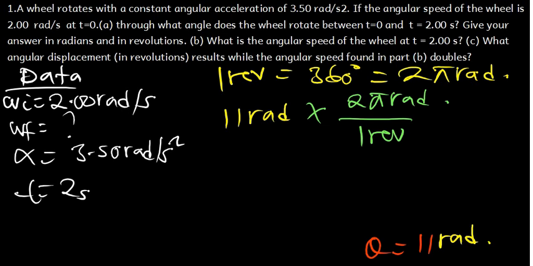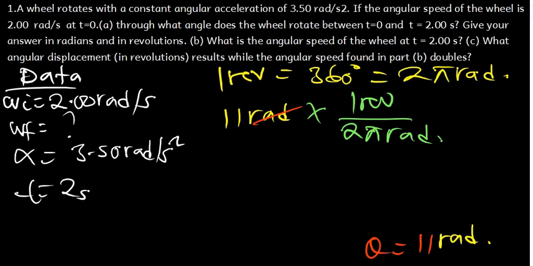So, I'm going to say 11 times, and I'm going to set the units in such a way that they cancel each other, meaning that this has to be on top, because in one revolution there is 2 pi rad and not the opposite. So it's going to be 11 divided by what? I can cancel the rad here.